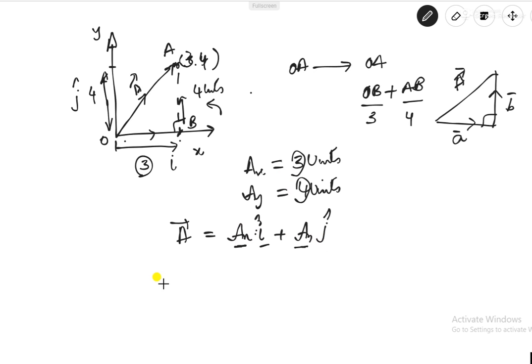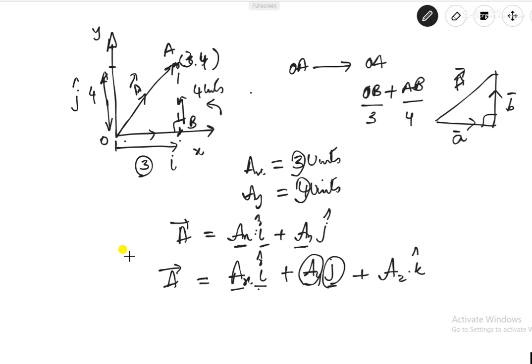So in this way, a vector can be represented. This is called resolution. This is the unit vector, and this is the magnitude of this vector in the x direction. Similarly, this is the magnitude of the vector in the j direction, that means in the y direction. We can expand this to another term also, AZ into k, if you have 3 directions.